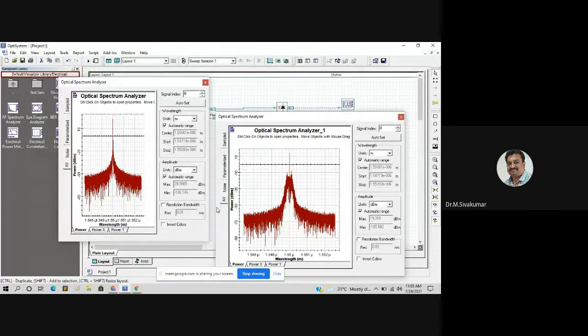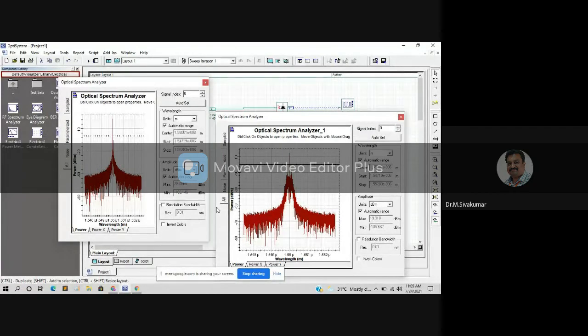No need to tabulate the data and all. Just tabulate the power level only. Just see the optical power spectrum analyzer output, and also see the visualizer output at the receiver end. Okay.